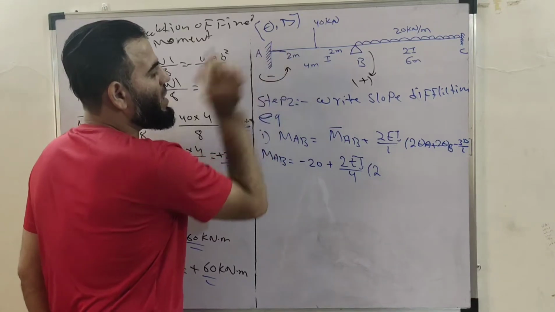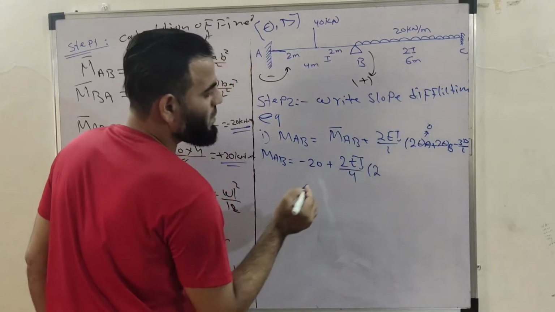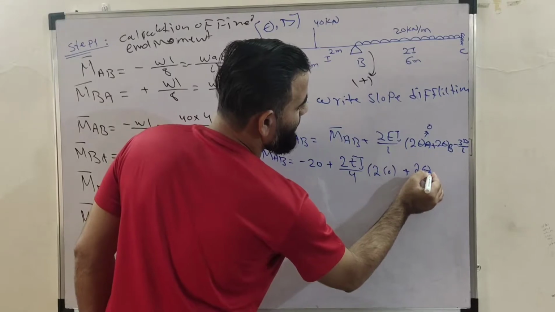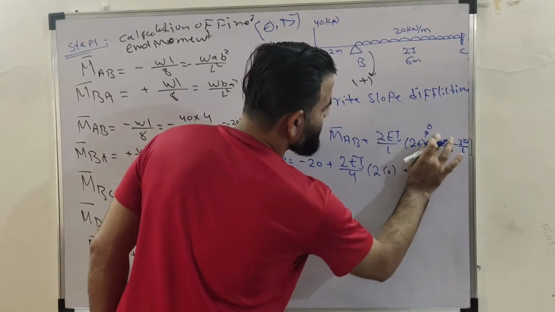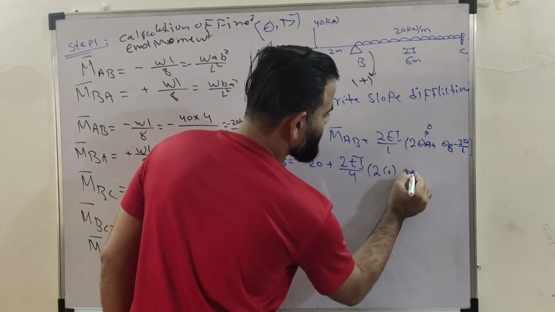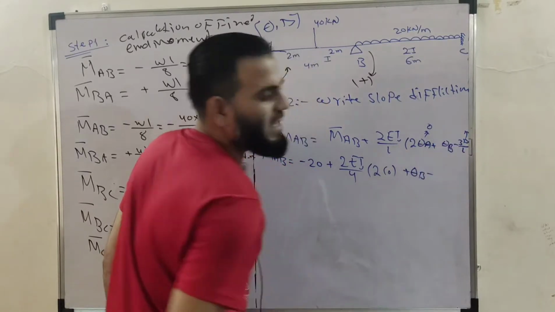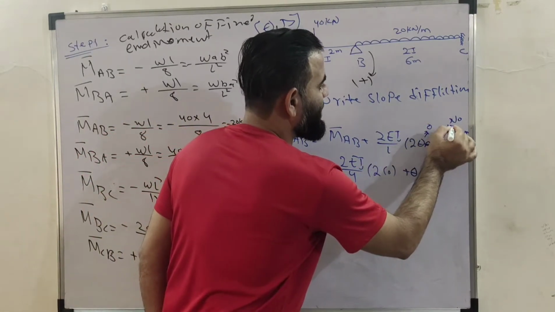So 2 into 0 plus theta B, minus 3 delta by L, but there is no sinking, no deflection.